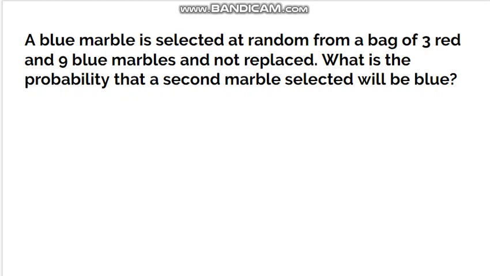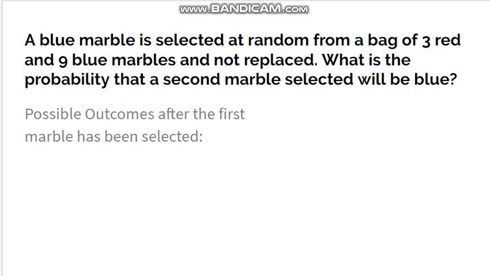So we want to know what are our possible outcomes after that first marble has been selected. Well, originally there were 3 plus 9, which would be 12, but now there's only 11 left. And our favorable outcomes, originally there were 9, but if the first one was blue, there are only 8 blue marbles left.